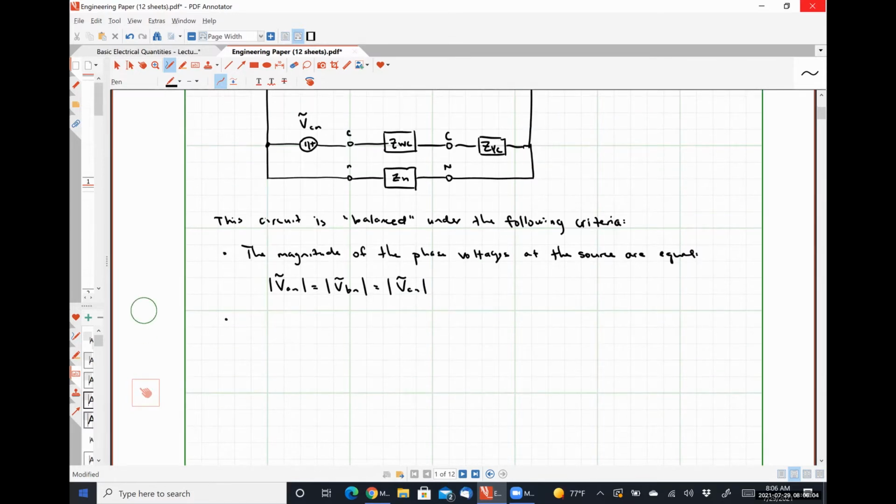Criteria 2 is that the phase separation between the phase angles at the source is 120 degrees.